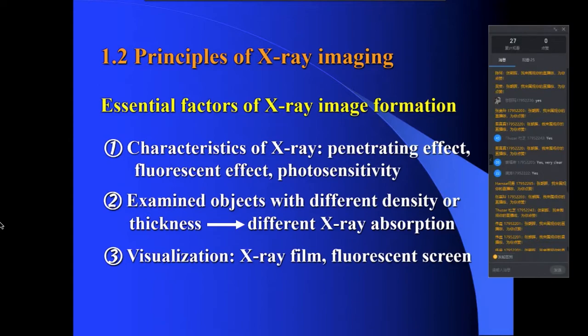The third type is about visualization of the X-ray image. To make an X-ray image visible, you need either X-ray film or a fluorescent screen. The fluorescent screen is covered with a layer of fluorescent material.